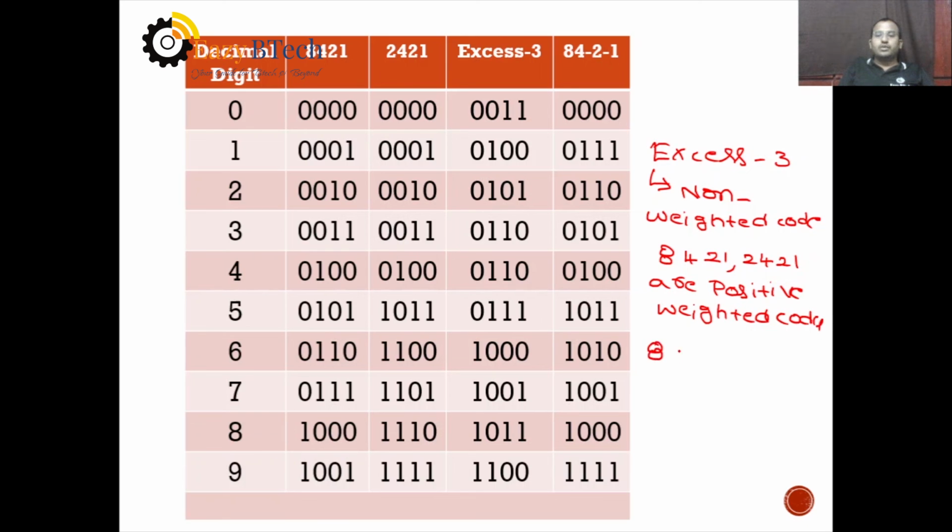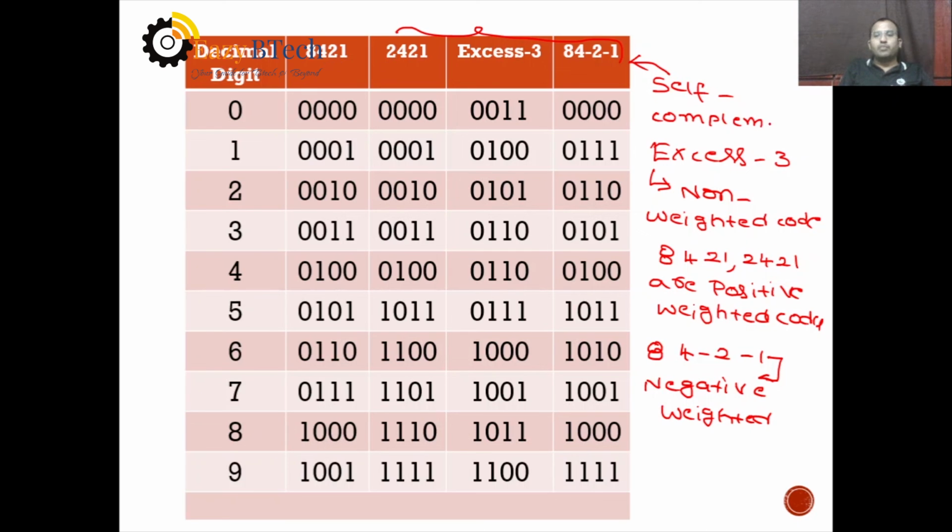And 84-2-1 is a negative weighted code, because some of the weights are negative. Out of these, three are self-complementing codes. 8421 is not a self-complementing code. Only 2421, XS3 and 84-2-1 are self-complementing codes.